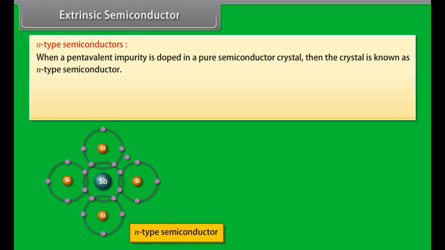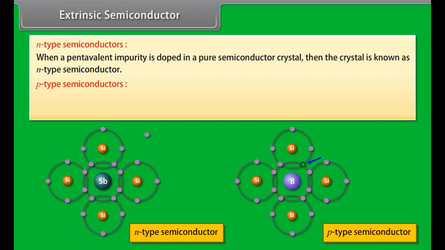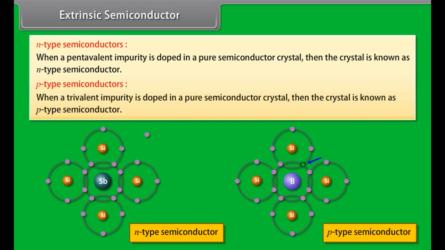When a pentavalent impurity is doped in a pure semiconductor crystal, the crystal is known as N-type semiconductor. P-type semiconductor. When a trivalent impurity is doped in a pure semiconductor crystal, the crystal is known as P-type semiconductor.